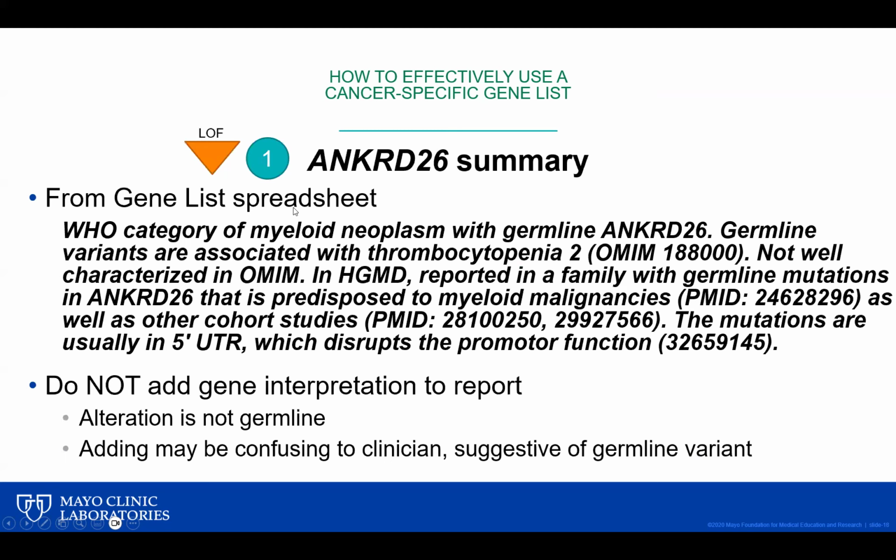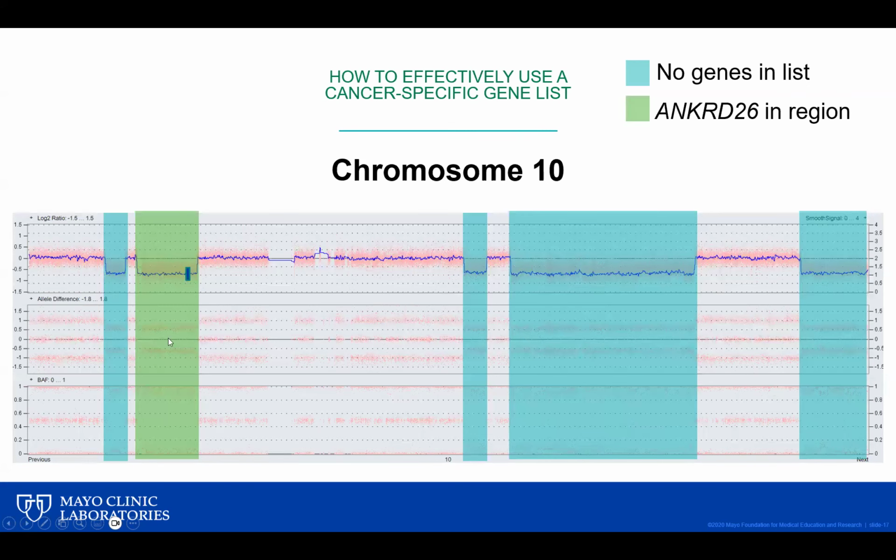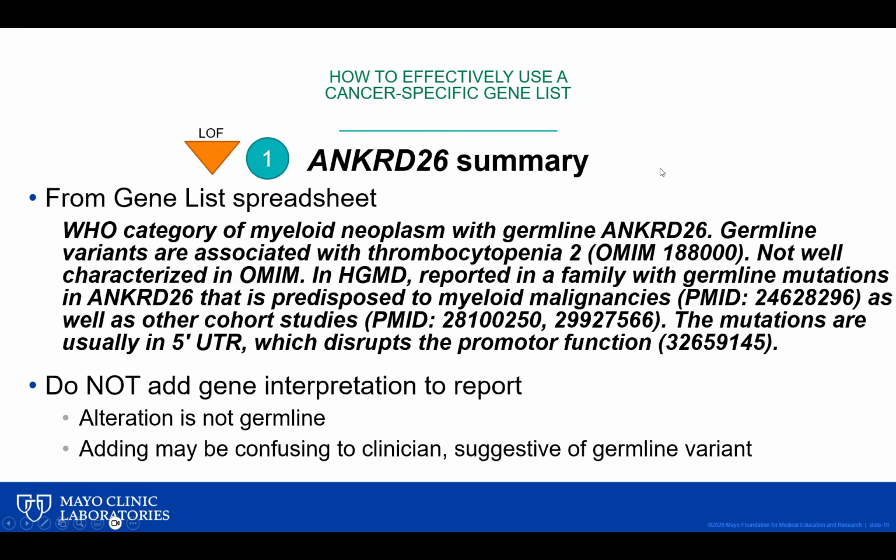If we look at the gene summary in the spreadsheet, all of this refers to germline variants and not necessarily to copy number deletions. Based on the size of that deletion on the previous slide, I highly doubt that this would be germline. And with the level of deletion across here, this would not be compatible with life if this were germline.